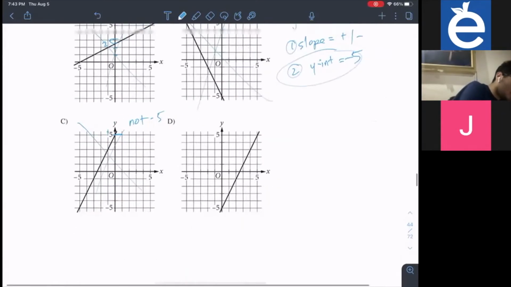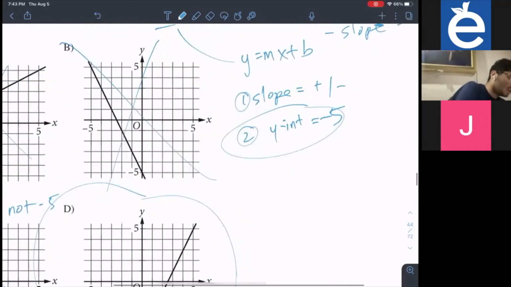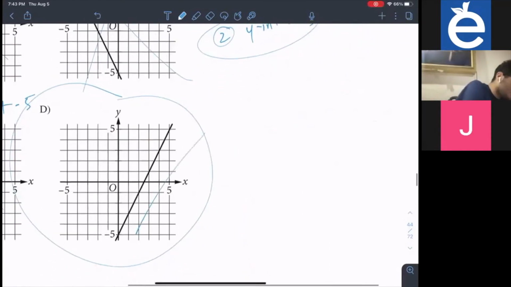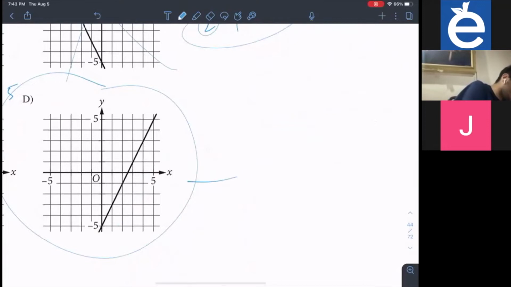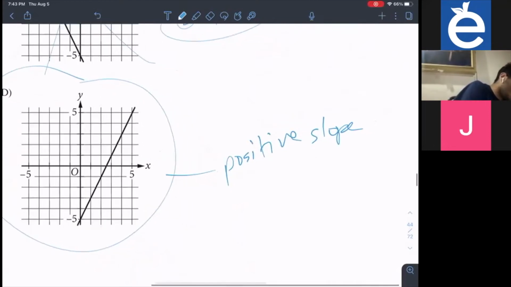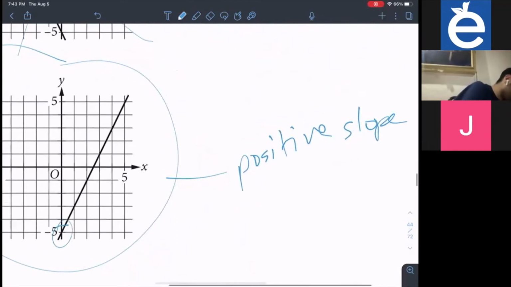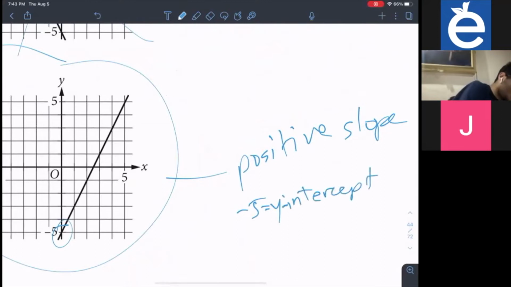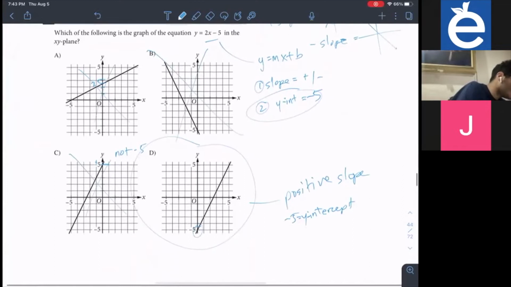So C is also out, so we're left with choice D. We can confirm it because it's a positive slope, and it has the y-intercept of -5. So this is why question 5 is choice D.